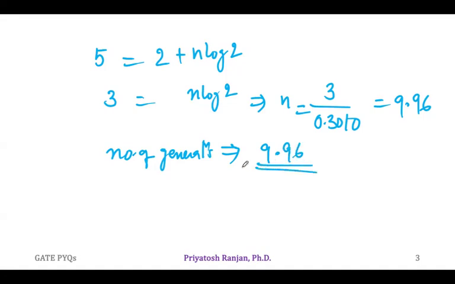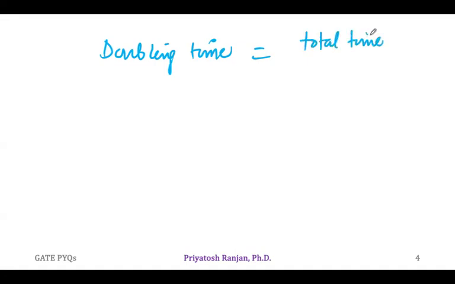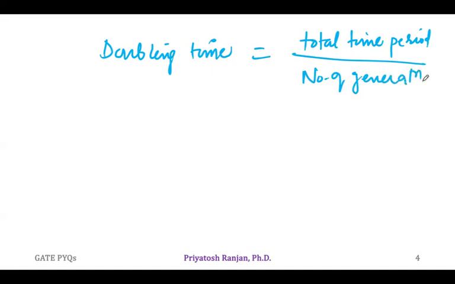Now what we need to do is calculate the value of doubling time, and we can correlate doubling time with number of generations, as doubling time equal to total time period divided by number of generations.